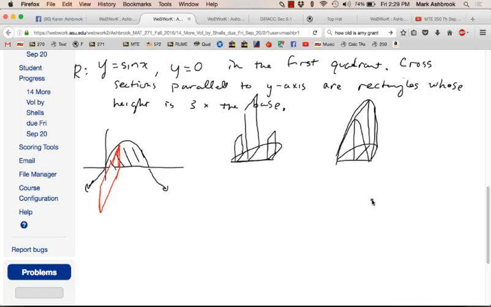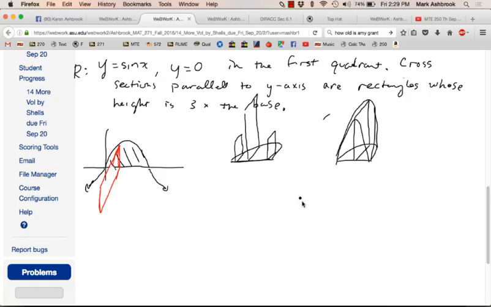You get little short ones on the ends, and in the middle you get the tallest one, where y is maximum. Can you kind of see it? It's a weird wedge thing. We don't get it by rotating, we get it by stacking rectangles of all different shapes, but their height is always 3 times their base.